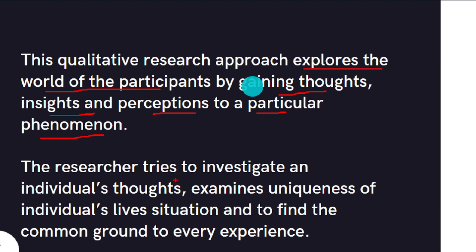The researcher tries to investigate an individual's thoughts, examines uniqueness of individual's life situation, and to find the common ground to every experience. That's one of the main reasons why phenomenological research is also known for daily lived experiences.